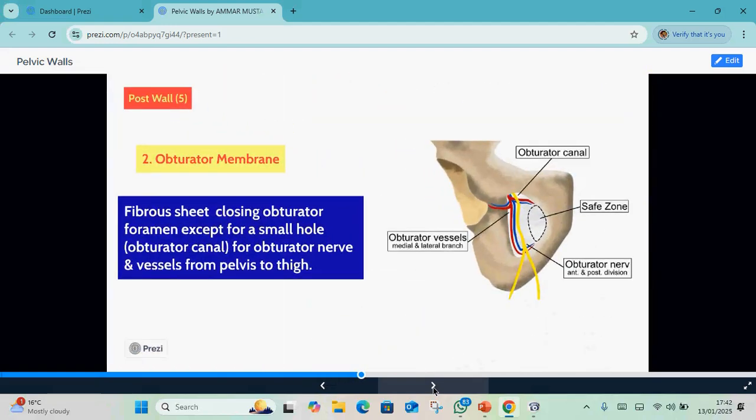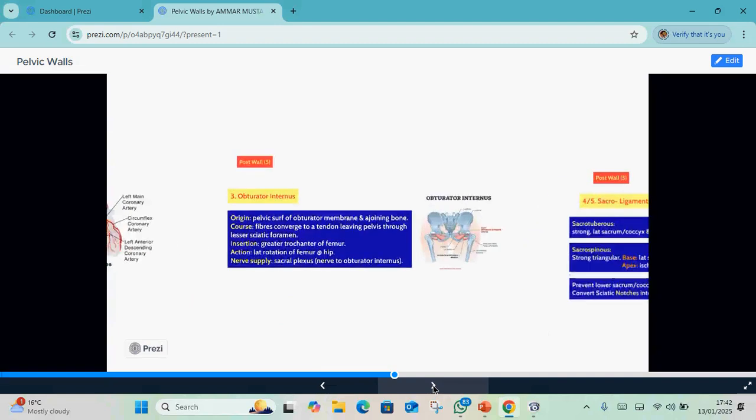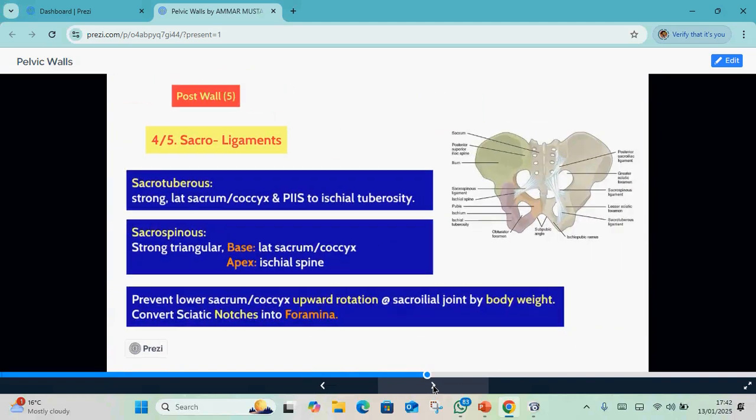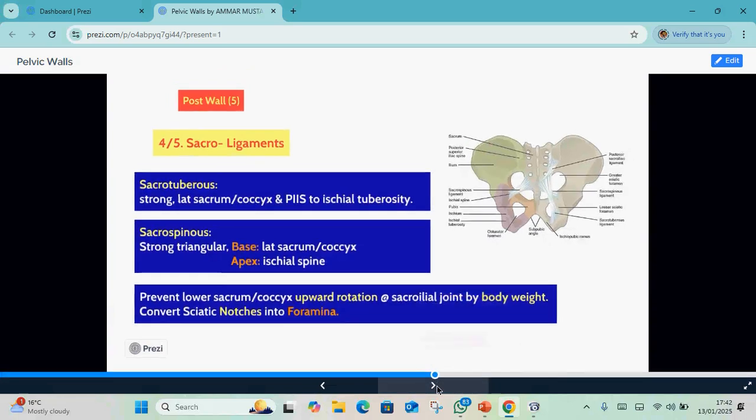We have also covered the obturator membrane and obturator foramen, obturator canal, and obturator nerve and obturator vessels. If you remember, we have spoken about the obturator internus muscle and the sacral ligaments: sacrotuberous, sacrospinous, and sacroiliac ligaments.